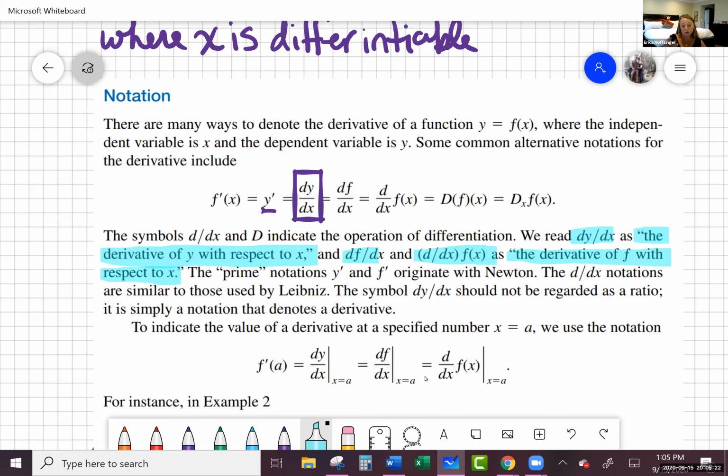It's just two different mathematicians that came up with this. One of them was Newton, and Newton does the prime. I prefer the prime, but there are some instances where the other mathematician, Leibniz, his notation was dy over dx or d over dx.